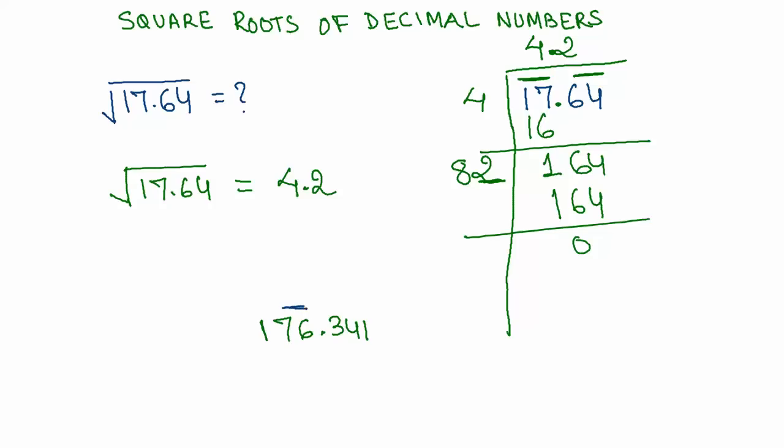So you have 76 as the first pair and 1 is the other one. After the decimal, you move from left to right, not from right to left. So your first pair is 34 and then you have 1 over here. To make a pair, you put a 0 and this is the other pair that you get. So you have 34, 10.